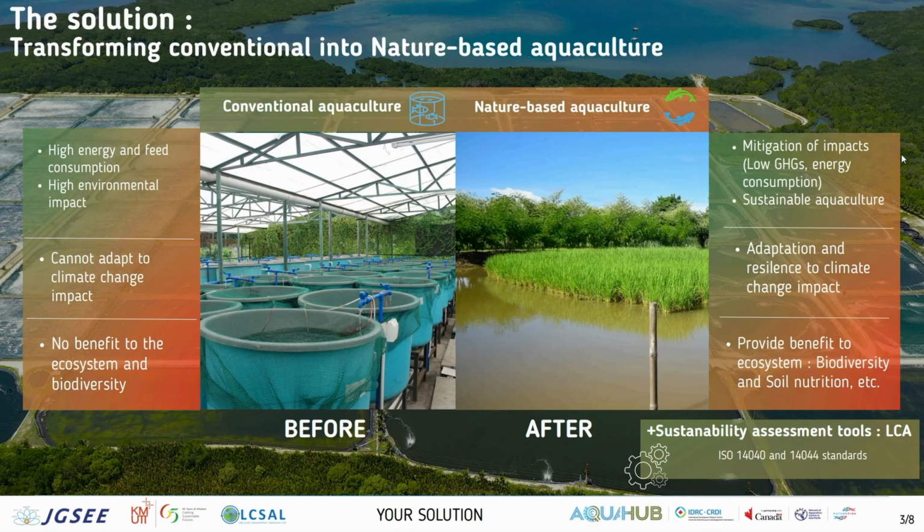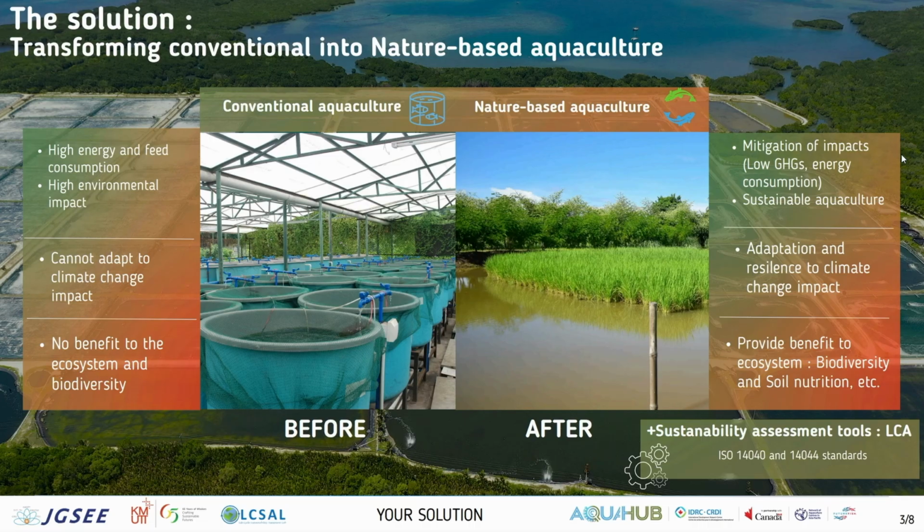This conventional practice cannot adapt to climate change, because if it faces flooding or storms, it cannot tolerate the situation, and productivity is damaged. And conventional practice doesn't provide any benefit to the ecosystem and biodiversity.